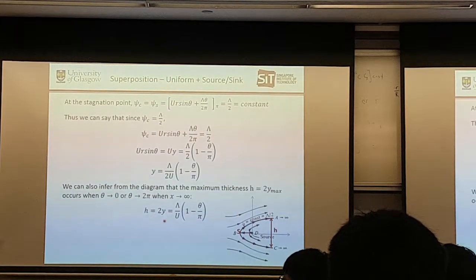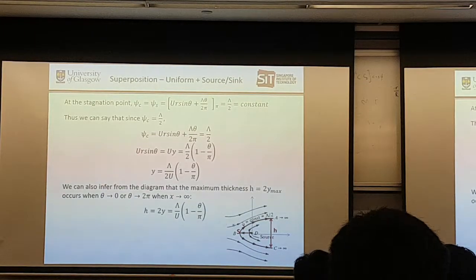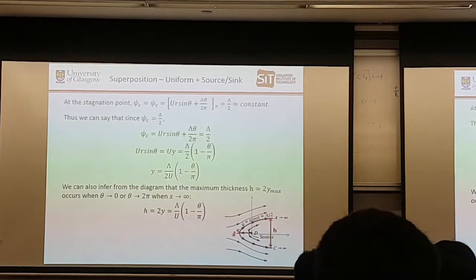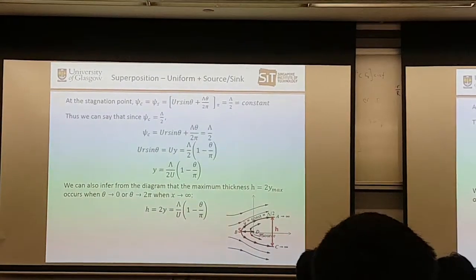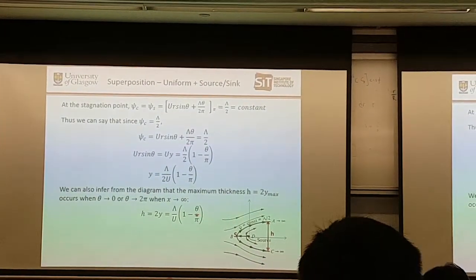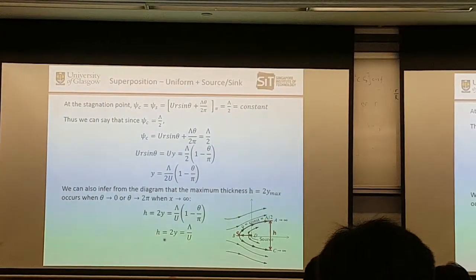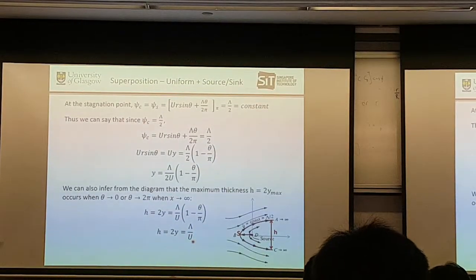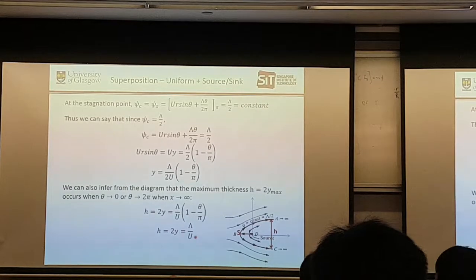Yes, for the Rankine half body. So at this location, at this axis here, what is theta equal to? If my point B theta is pi, that means on this axis my theta should be equal to what? 0, correct? So my theta can be equal to 0 here. Therefore, the thickness of a Rankine half body is simply equal to the source strength over my velocity.